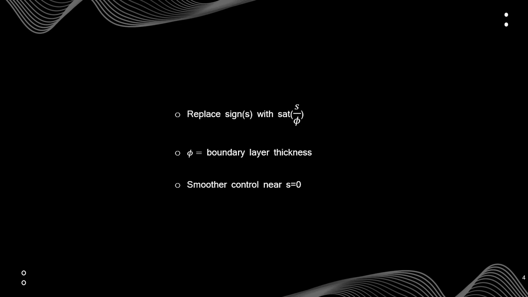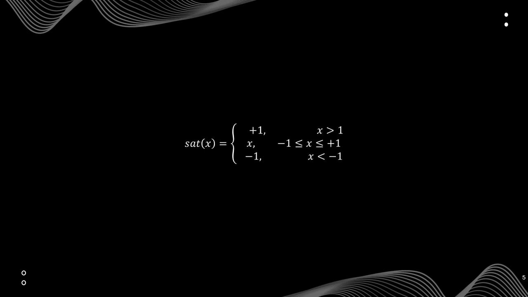This reduces the high frequency switching. The saturation function acts like the sign function far from 0, but inside the boundary layer, it's just a straight line from -1 to +1.